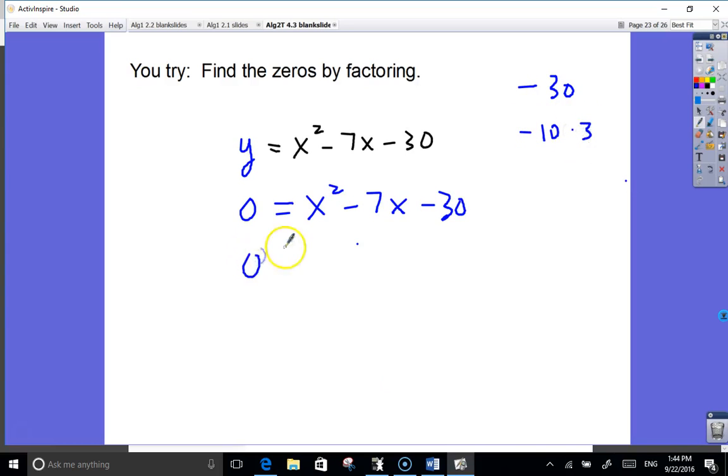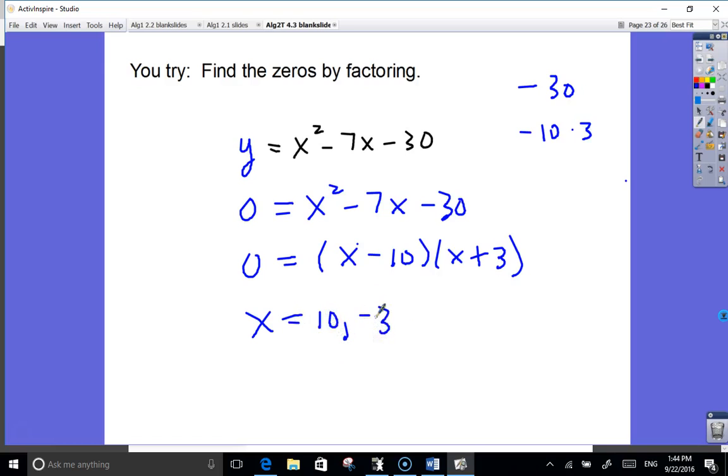So it's x minus 10, x plus 3. So x equals 10, and x equals negative 3. Okay. Last one.